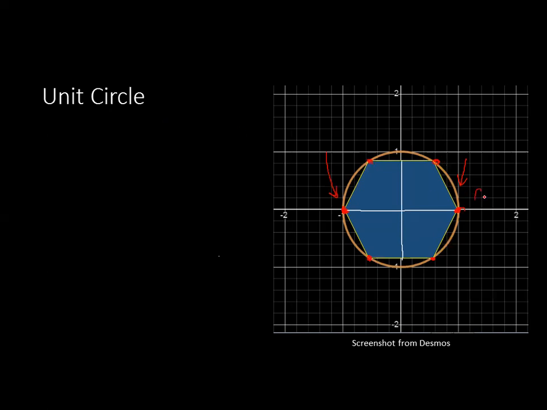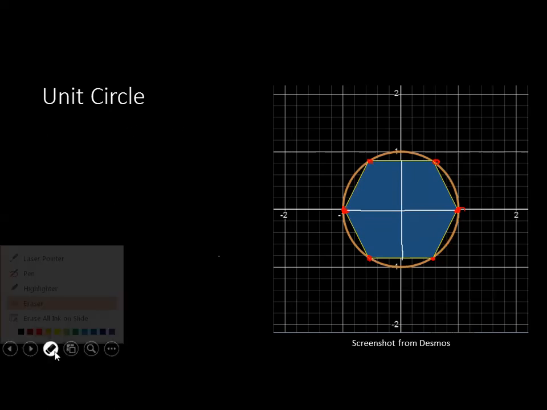So here, on the right side, this is actually (1, 0), and on the left side, this is (-1, 0). I discussed this in the first part of the unit circle. If you have no knowledge about it, I suggest you watch that first, so we're not going to discuss this anymore.